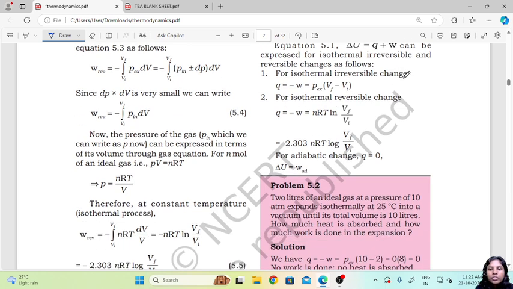For isothermal reversible change, we can write Q equals minus W. So we will write it as P external into Vf minus Vi. This we already know, because this minus and this whole term becomes minus, so we get a positive value.